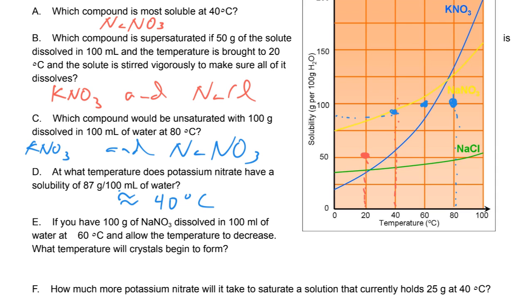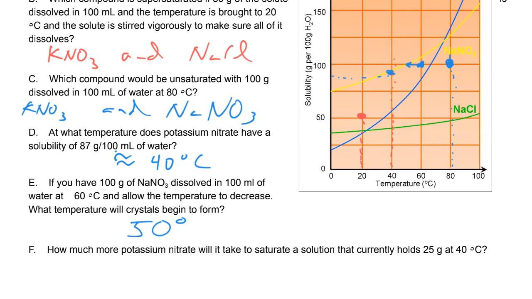I'm going to move this way until I hit the graph. And at that point, I'm at my saturation point, so the crystals will start to come out. So it looks like I hit right there at about 50 degrees. At 50 degrees is where the NaNO3 would be saturated. And anything below that would be supersaturated, and we would precipitate out crystals of our NaNO3.